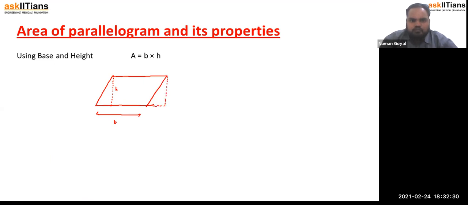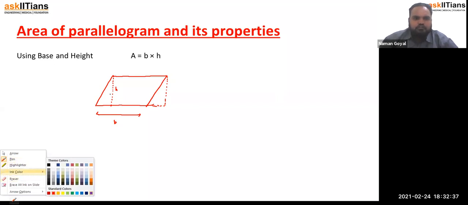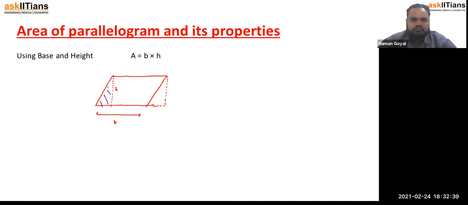Okay, so let's see what we got. See, if this part is just like a sticker, I remove that sticker and paste it to this part.